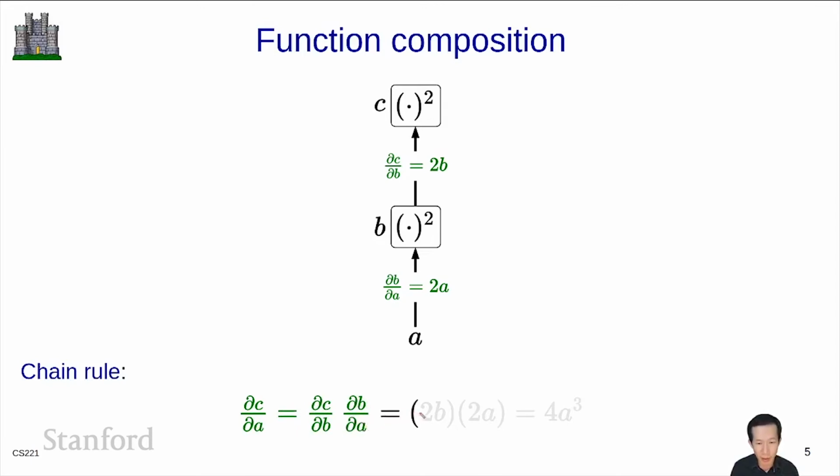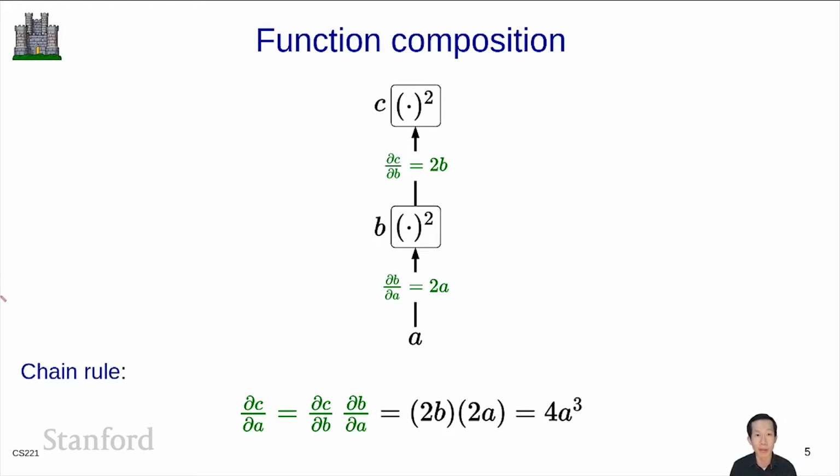So in this case, we get 2B times 2A. And remember that B is equal to A squared. Substitute that in, and you get 4A cubed. And remember, C is A to the 4th. So we can verify that this is indeed consistent with using the power rule. In general, you can compute these gradients by simply taking the product along edges.